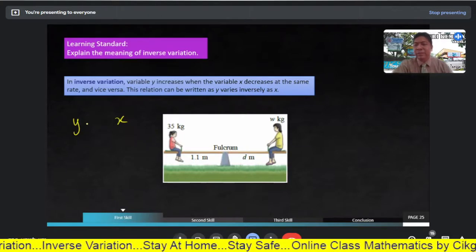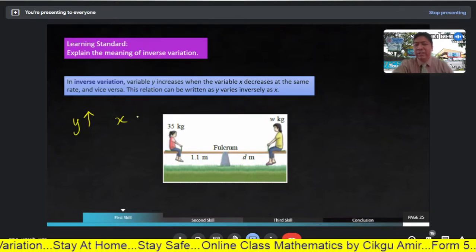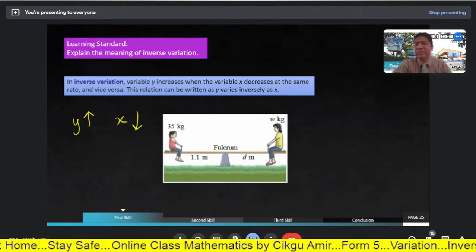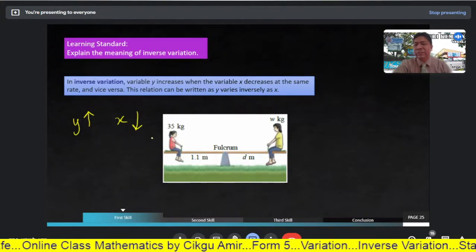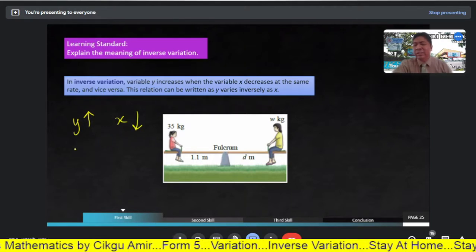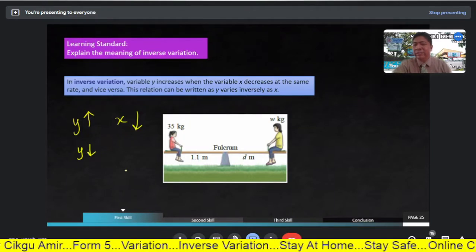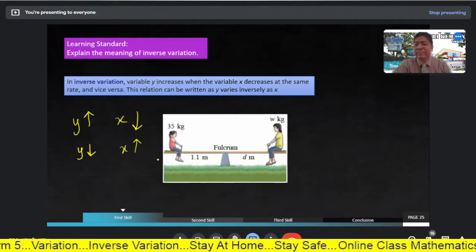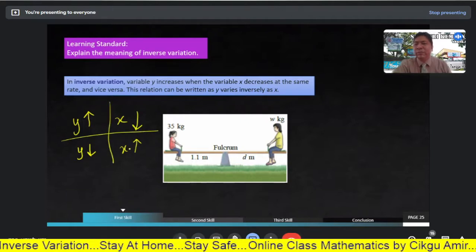If the value of y is increased, the value of x is decreased at the same rate. If y is going up, x is going down. And vice versa, if the value of y is decreased, then the value of x is increased. So this is the relation of inverse variation.